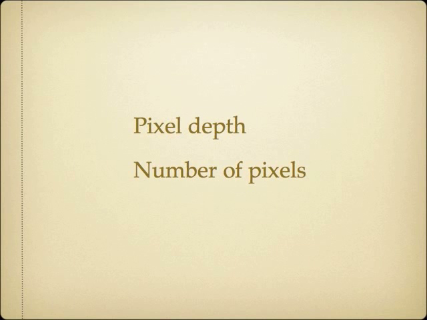The more pixels you have, the better the quality of the digital image will be. So a given image will have a number of bits per pixel and will also have a number of pixels. The more bits per pixel you have, the better the quality of the image, and the more pixels you have, the better the quality of the image.